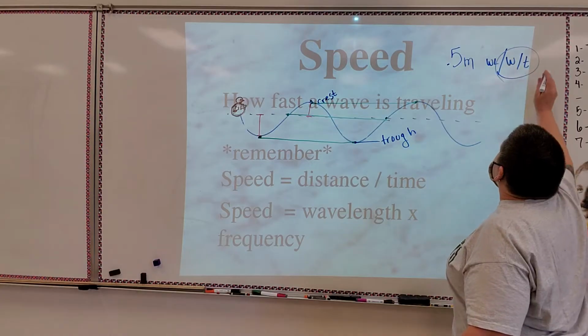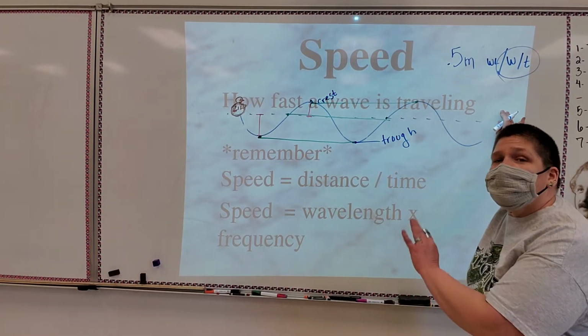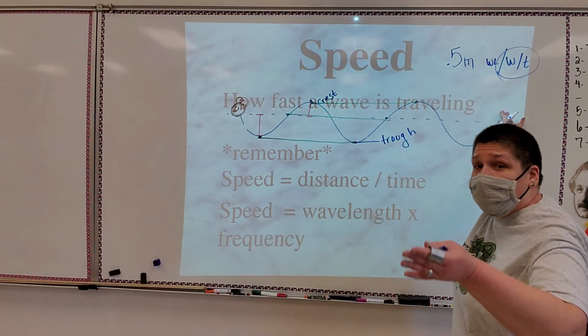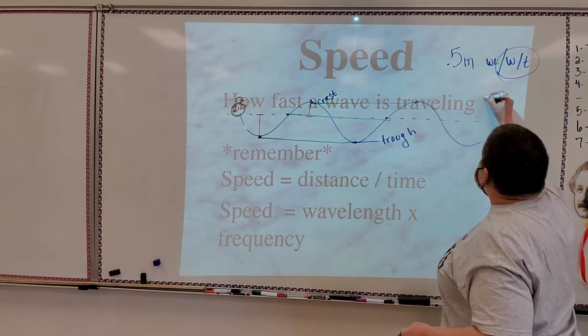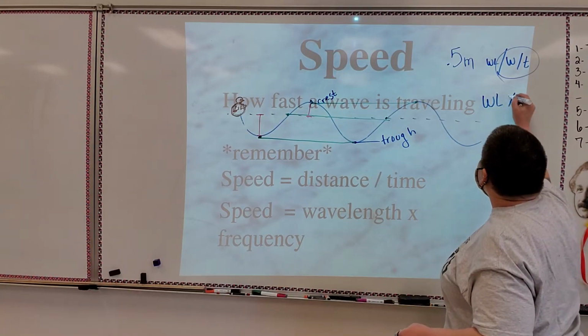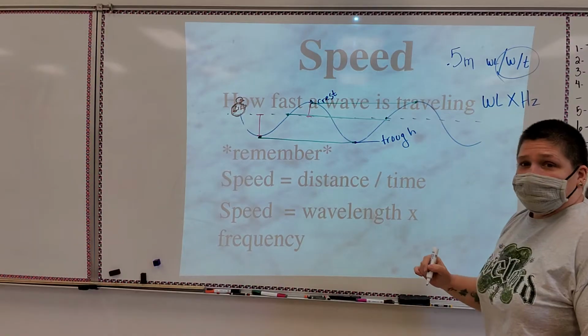I'm going to kind of X that out, and I'm going to look at just the Hertz because we've already done the division problem for Hertz, right? We've already taken that waves per second. So now I'm going to look at wavelength times my Hertz to get my speed.